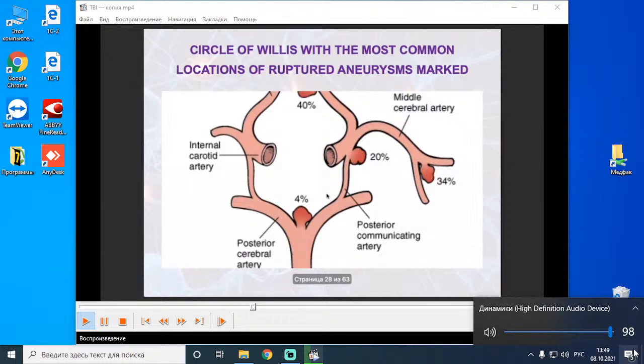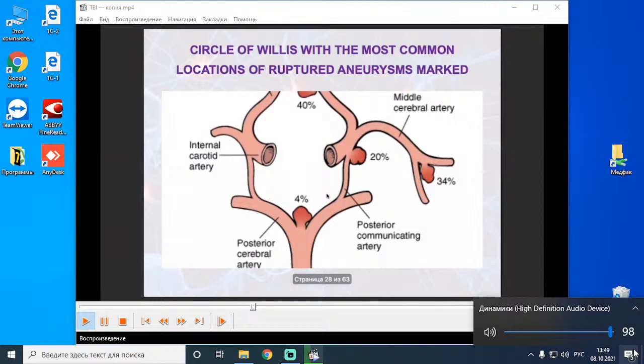Circle of Willis with the most common locations of ruptured aneurysms marked. Here you can see the anterior communicating artery aneurysm, 40%, the most common.